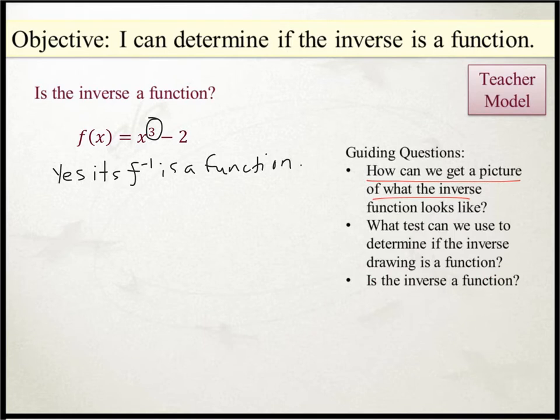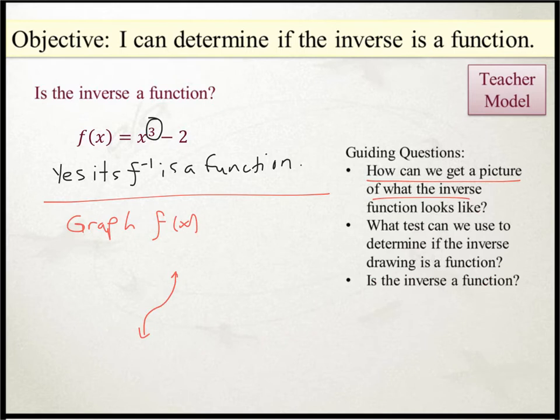Now, another way that you could do this problem is to think about the graph of f of x. Now that's a cubic, and I see that we have a -2 on the end. These actually shift the same way all other graphs shift. So cubics kind of look like a squiggle, like that, on a coordinate plane.